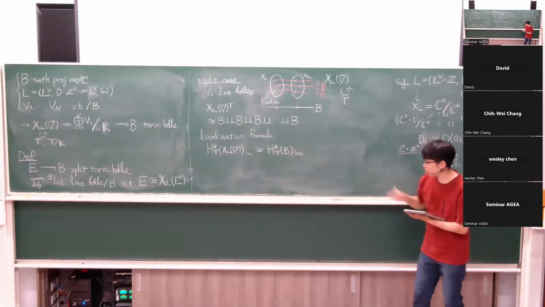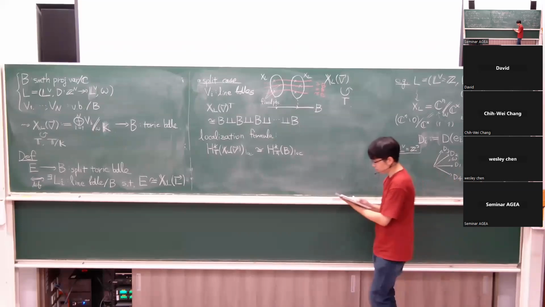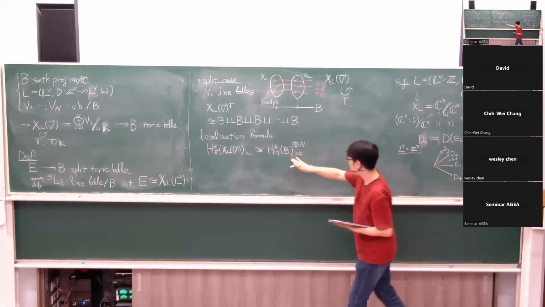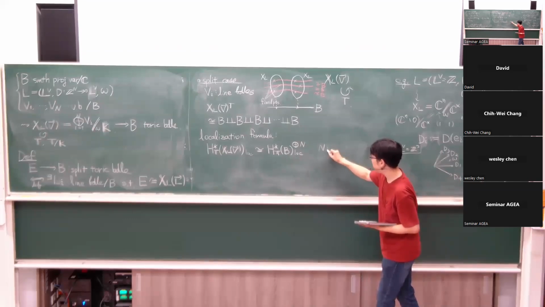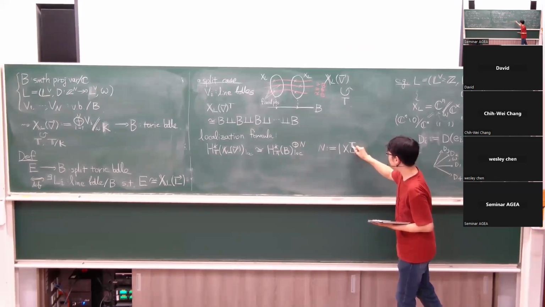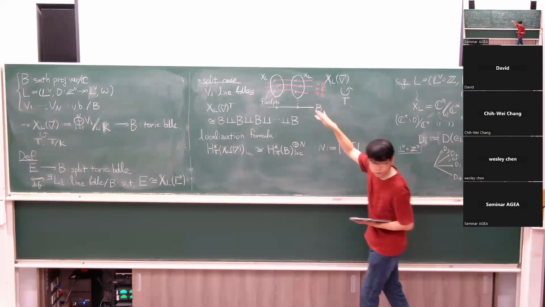This is a classical theorem. Sorry, it should take the direct sum. This is the number of fixed points on the fiber.